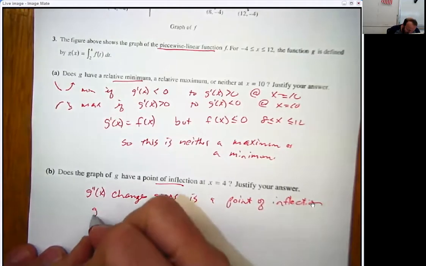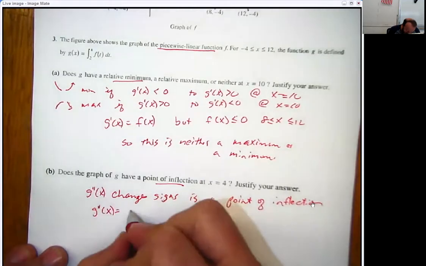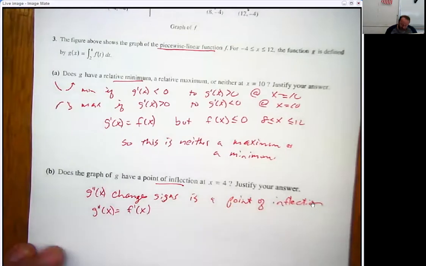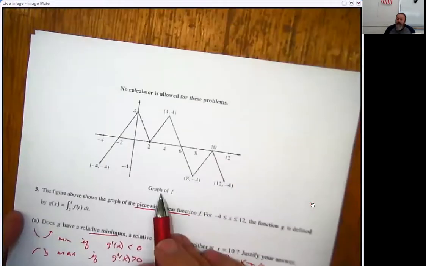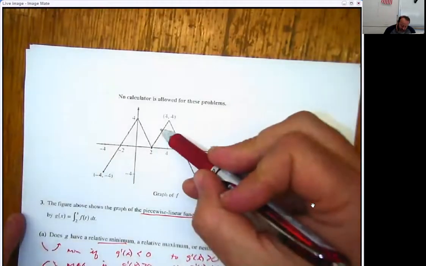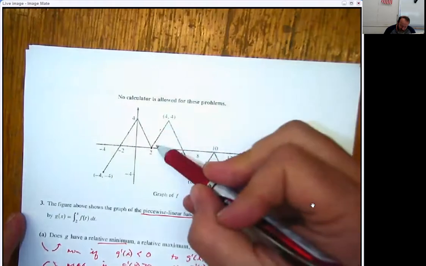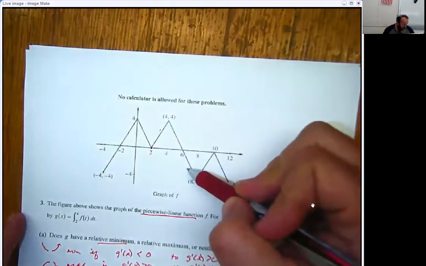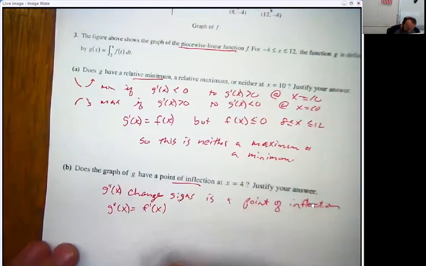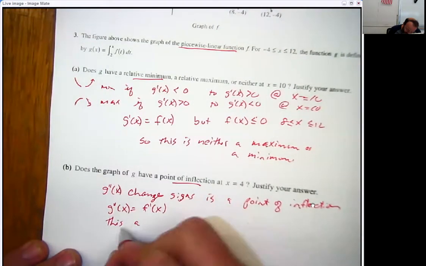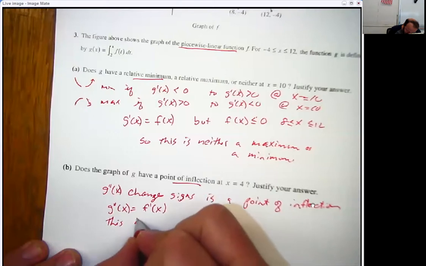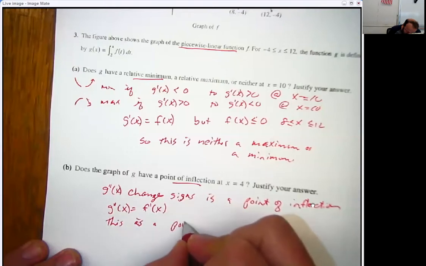So g double prime of x, which of course is f prime of x. What I want to find out is at x equals 4, does the slope of f change signs? Well, it went from positive to negative. So I can say this is a point of inflection.